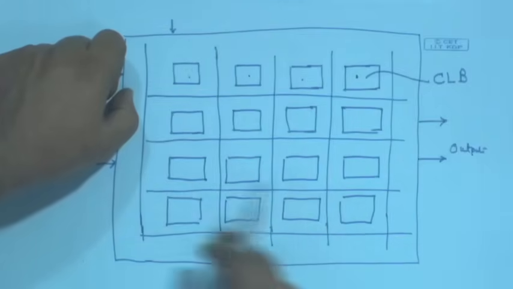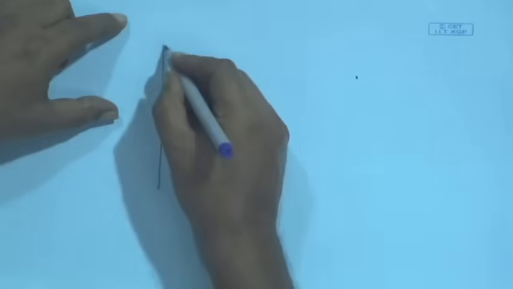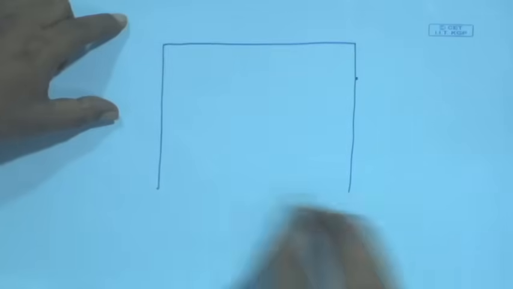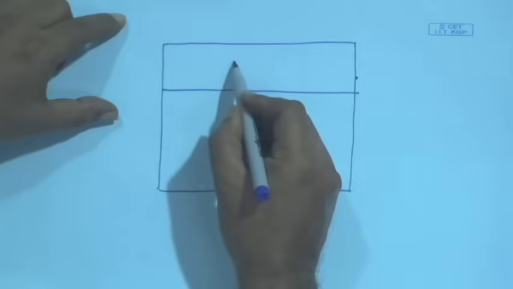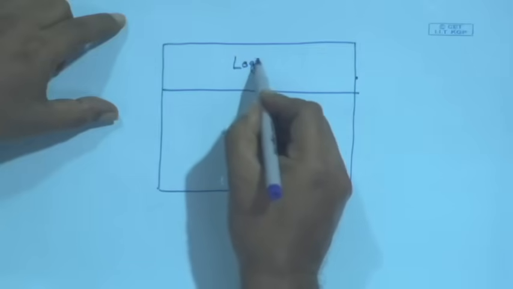Consequently, what can happen is that I can divide one FPGA into a number of slices. Maybe this slice is implementing some logic 1.